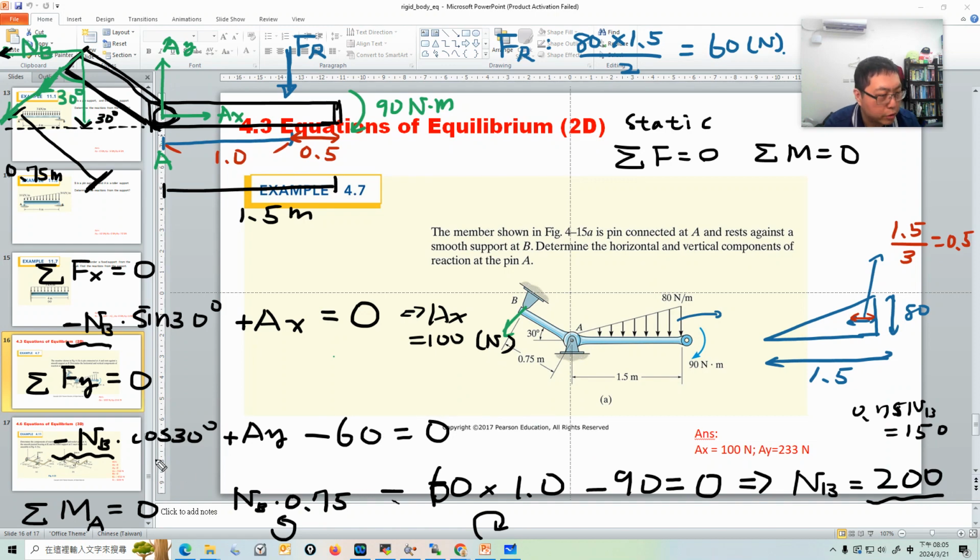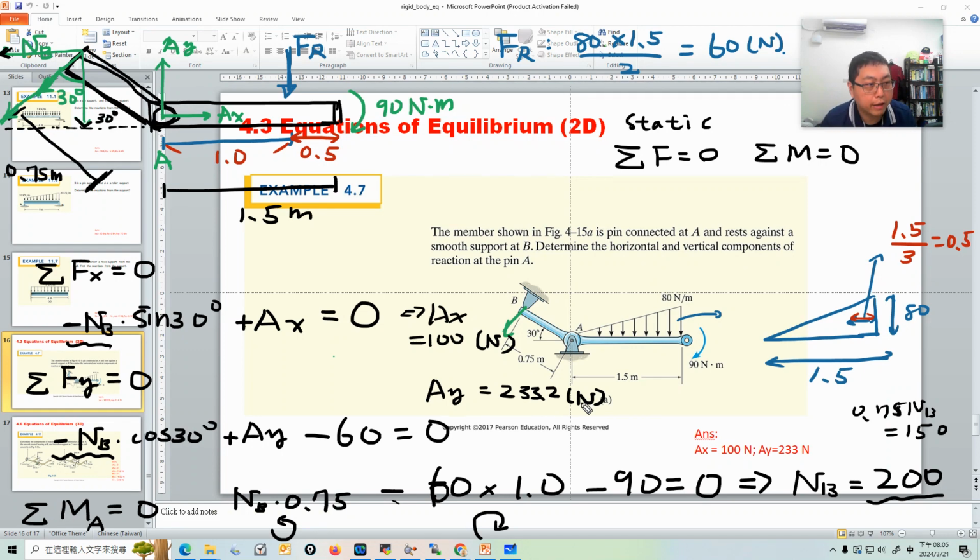So what's AY? 200 times cosine 30 degrees, plus 60, so 233.2. AY is 233.2 Newtons. The answer is 233 Newtons. I'll just take one decimal point.